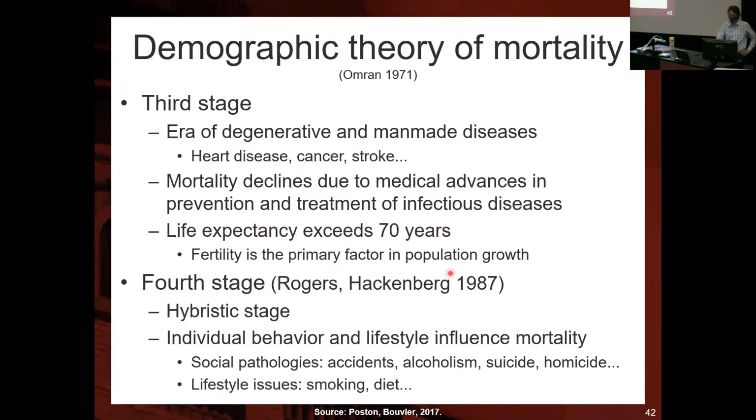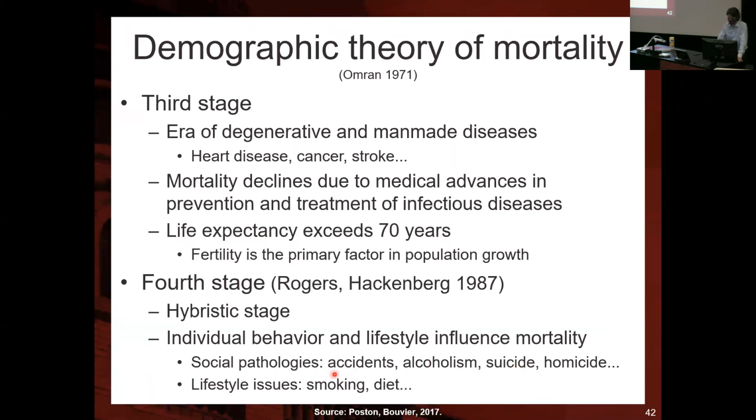And the fourth stage, which is an extension of this theory, is proposed by Rogers and Hackenberg in 1987. They propose a more hybrid stage, in which not only do these major changes in society cause changes in the reasons why we are dying, but individual behavior and lifestyle influence mortality.